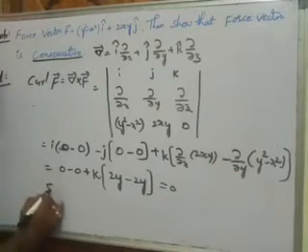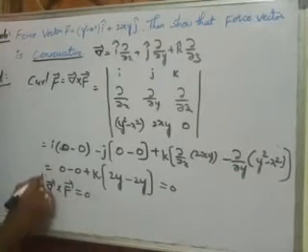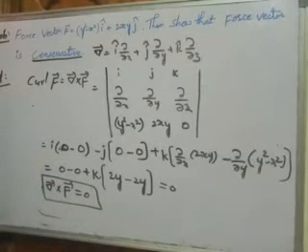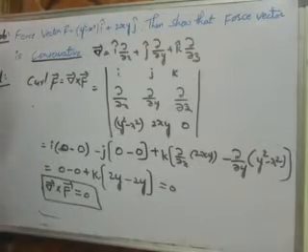So del bar cross f bar equals 0. If the curl of a vector is 0, then that vector is called a conservative vector. If any vector whose curl is 0, then that vector is conservative.